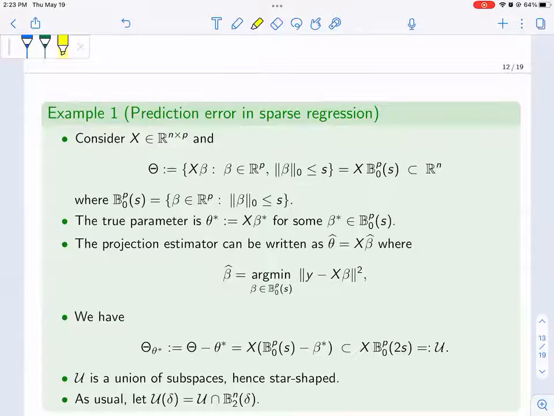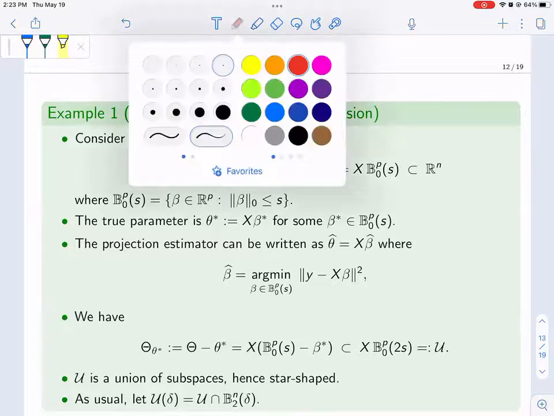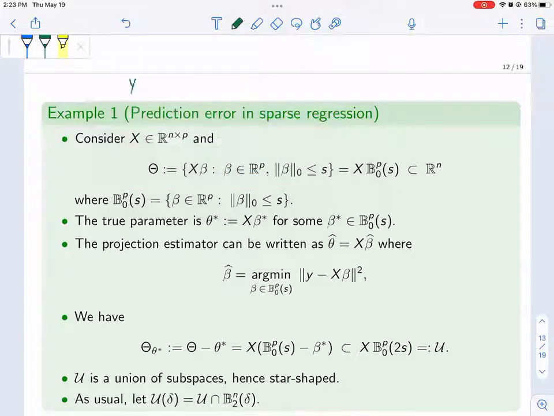Suppose we have the usual nonparametric regression setup. In this case, you can think of it as a normal means model. Remember, y is x beta plus epsilon, and epsilon is normal with mean zero and covariance sigma squared times identity. Here x is n by d.